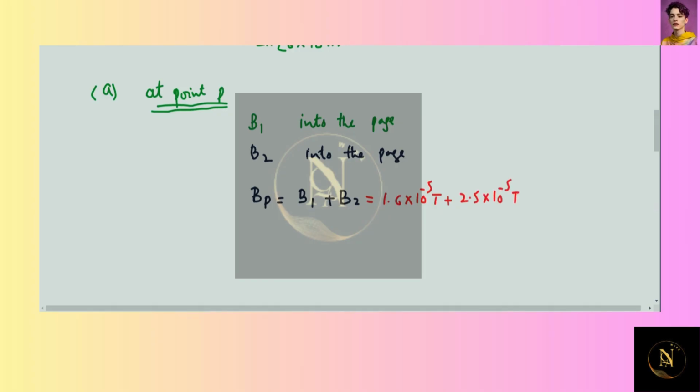This gives us the net magnetic field at point P equal to 4.1 times 10 to the power minus 5 Tesla, and this is the magnitude of net magnetic field, and the direction of net magnetic field is into the page.